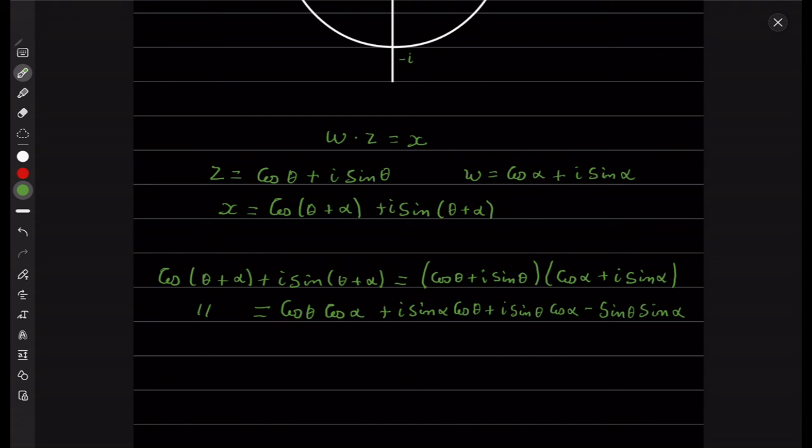So one thing we can do is factorize out I over here, and bring the real number terms together.